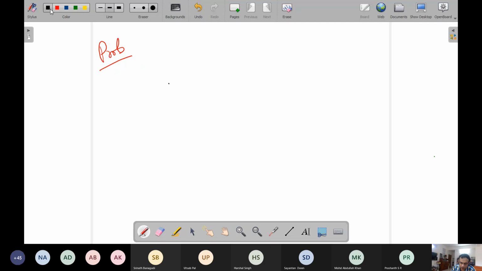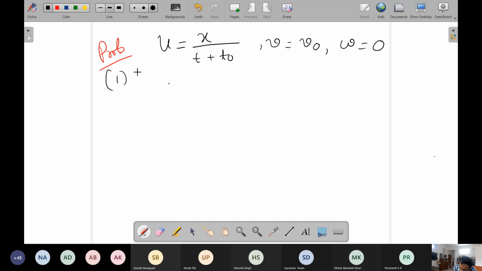So let us say that you have a velocity field u equal to x by (t plus t0), v equal to v0, which is a constant, and w equal to 0. So what we require is, number one, the equation of streamline at time equal to t0.